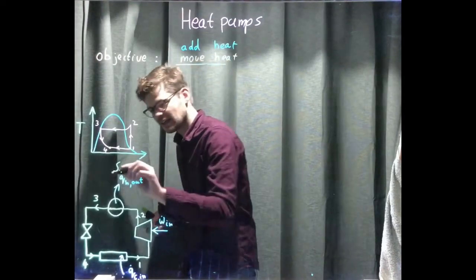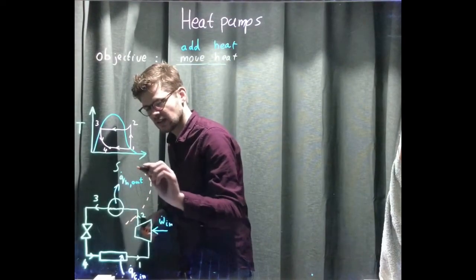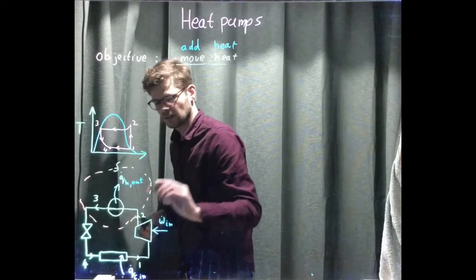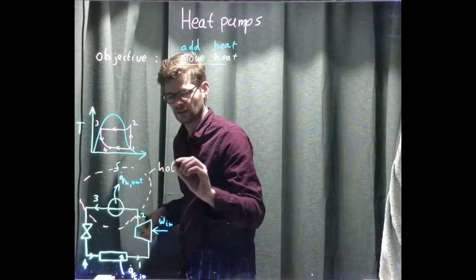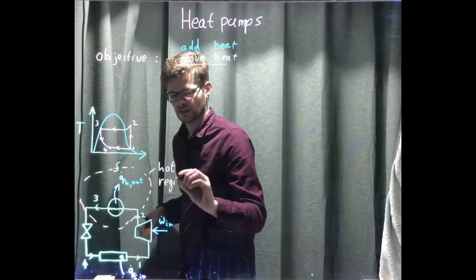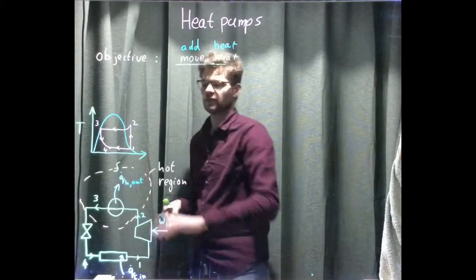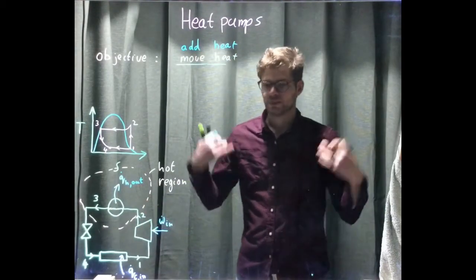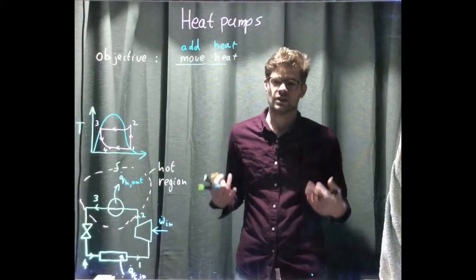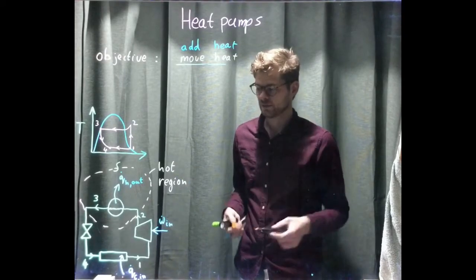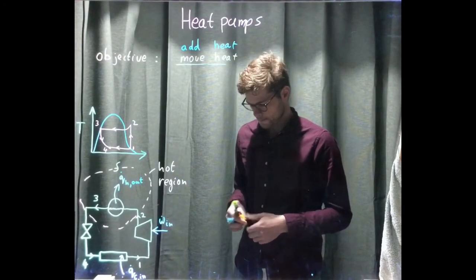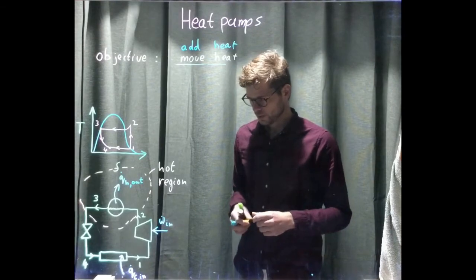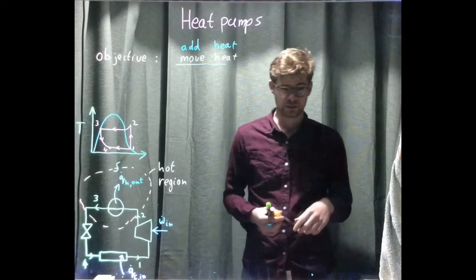And over here I've got my hot region, and my objective would be to increase the temperature in this hot region, so add heat to the hot region. A couple of things you need to keep in mind.